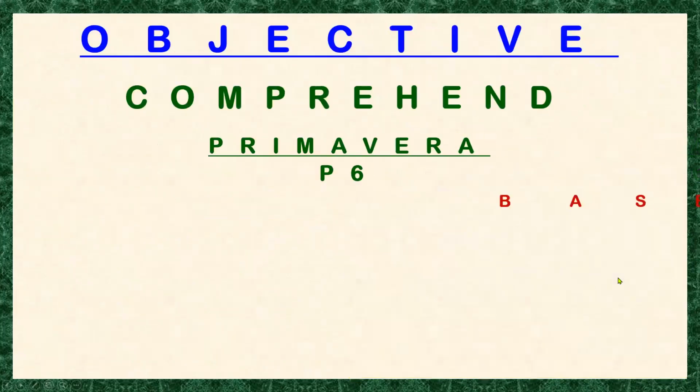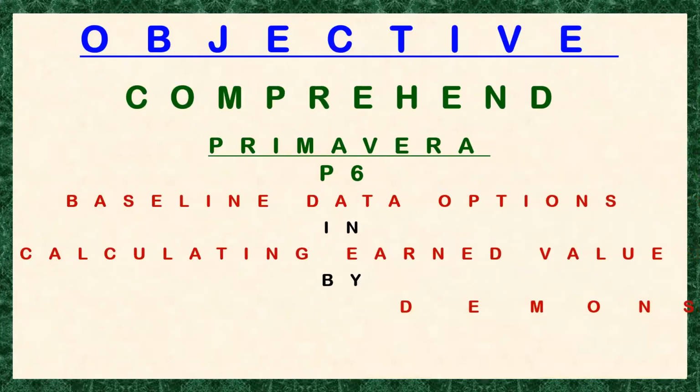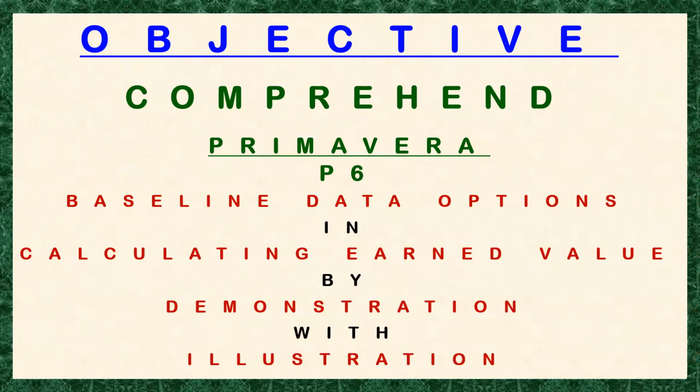So our objective here is to comprehend Primavera P6 baseline data options in calculating earned value by demonstration with illustration. Prior to preparing an earned value report, this should be understood for an accurate and correct result of earned value reporting.